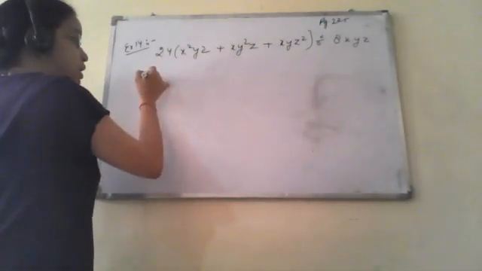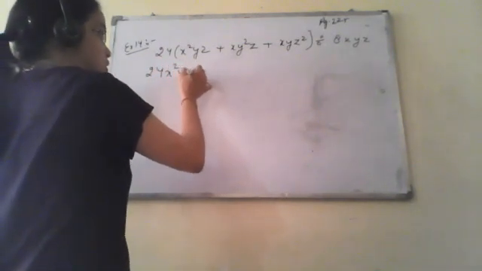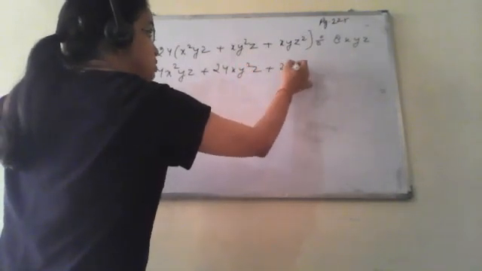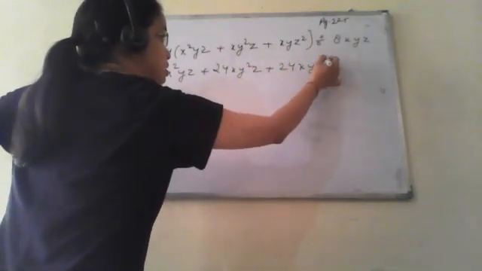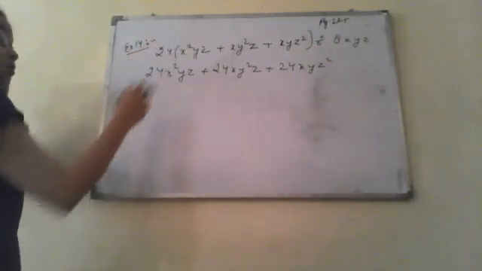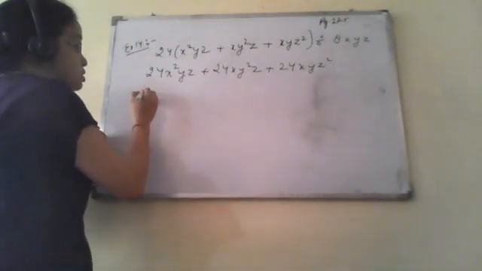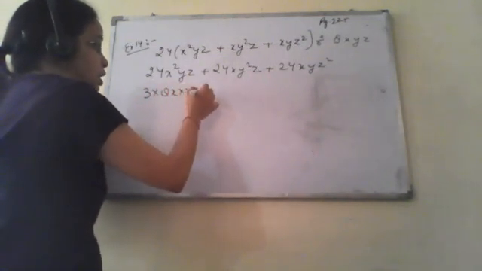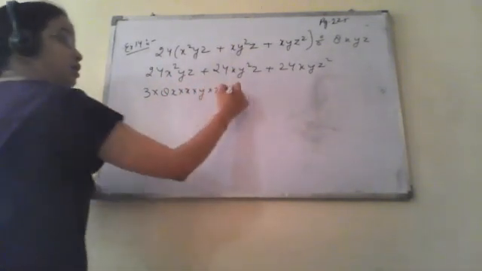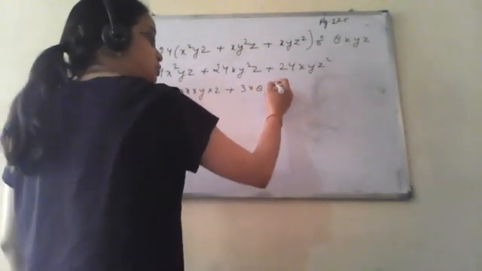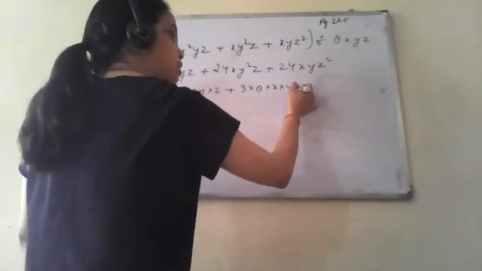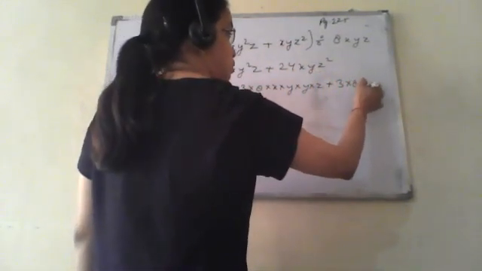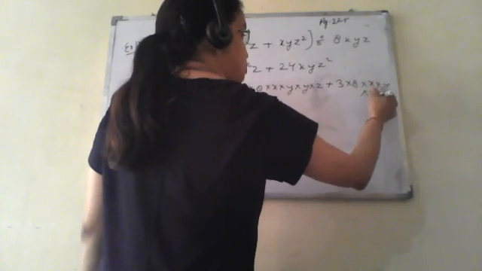So first we have to multiply this 24 into this term. So this is plus 24 x y square z plus 24 x y z square. Now we have to take x y z common out of that. So this 24 is 3 into 8 into x into y into z, and this is again 3 into 8 into x into y into z, and this is 3 into 8 into x into y into z into z.